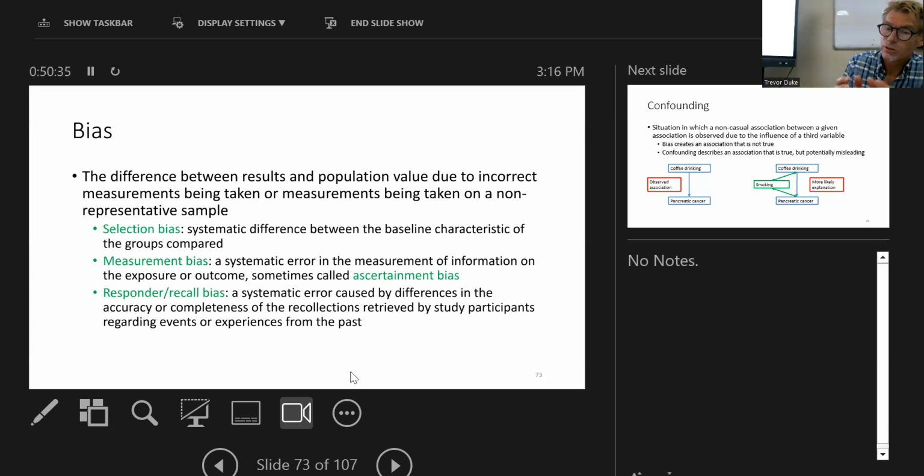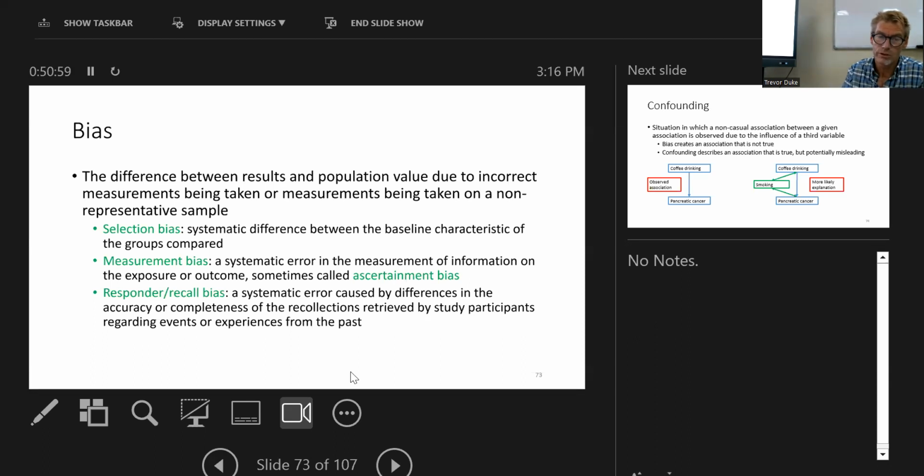It can be a subconscious thing. You might make the diagnosis of the outcome when actually there wasn't one, whereas in the unexposed people, you didn't make the diagnosis, right? So that might be a way.